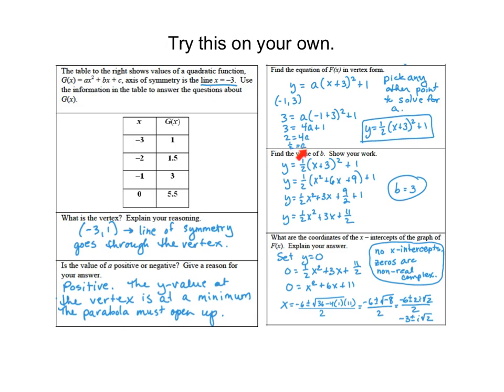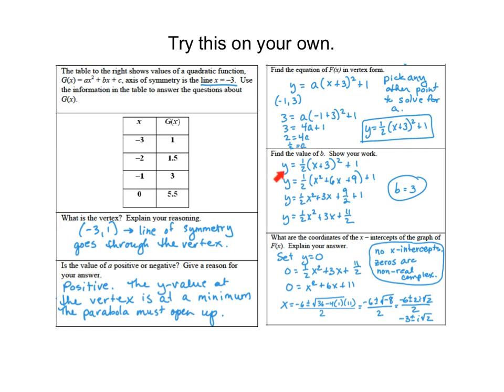I plugged in (-1, 3). I could have chosen (-2, 1.5), but I liked the whole number there. It was an easier problem with arithmetic to find my a value. So I plugged in (-1, 3) and solved for a. I found a was a half, and then I rewrote my equation. So that is my equation in vertex form.